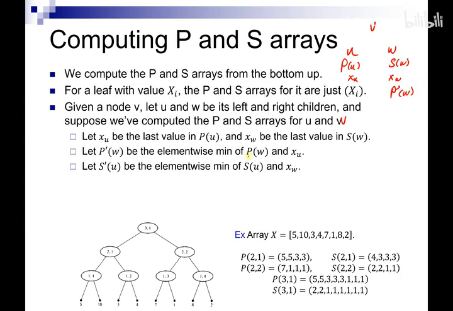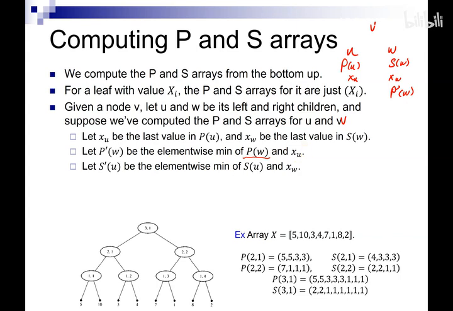The way we're going to do this is we already have P of w. So we're going to take every element of P of w and then compare that to x of u. And we're going to take the element-wise minimum of P of w and x of u.